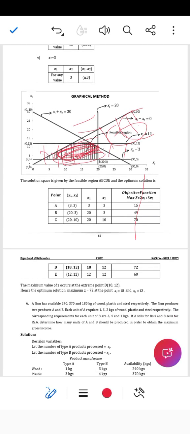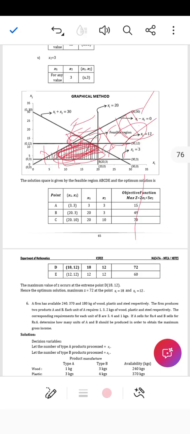This one is A, this one is B, this one is C, this one is D, and then this one is E. At the point D we can solve the lines x1 minus x2 equal to 0 and x2 equal to 12.